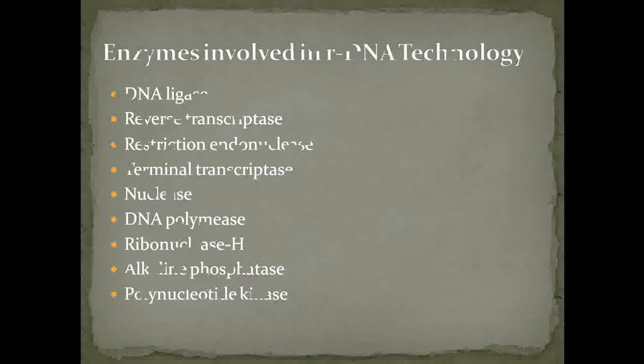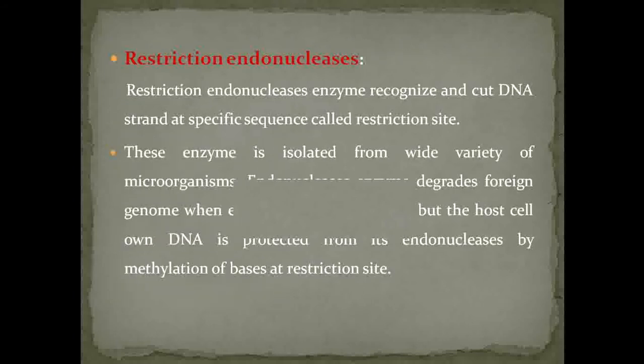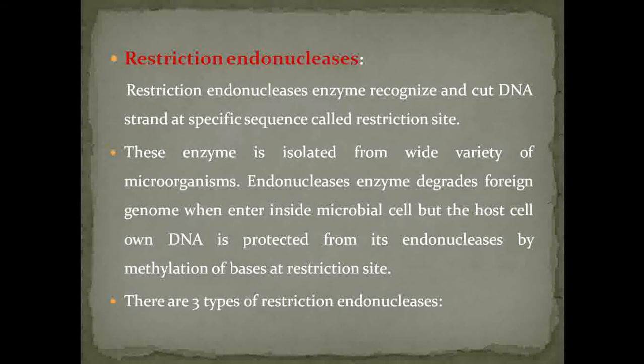So let's first see what restriction endonucleases are. In simple words, restriction endonucleases are endonucleases which are isolated from bacteria, and the main function of a restriction endonuclease is to cut the DNA at specific sites, which we call restriction sites.